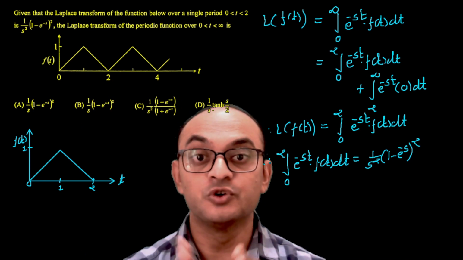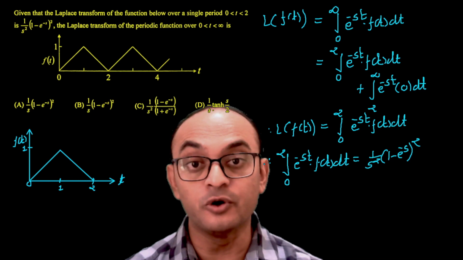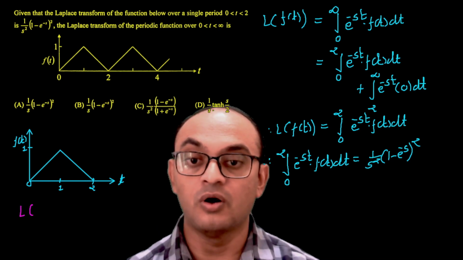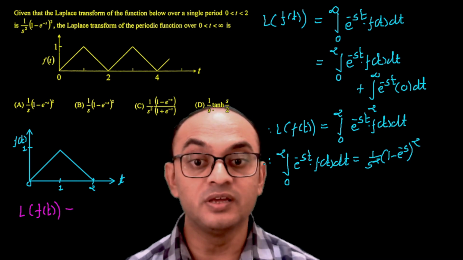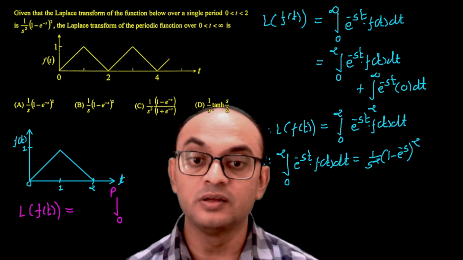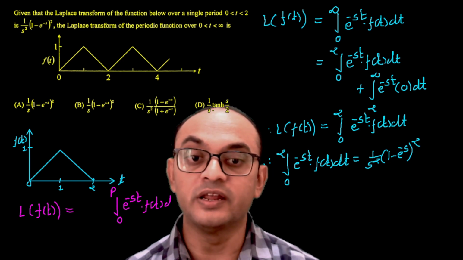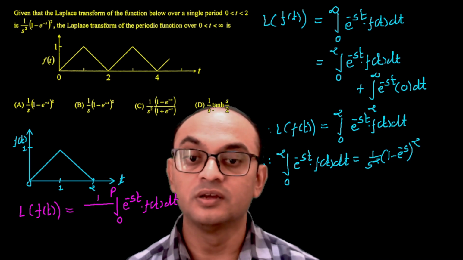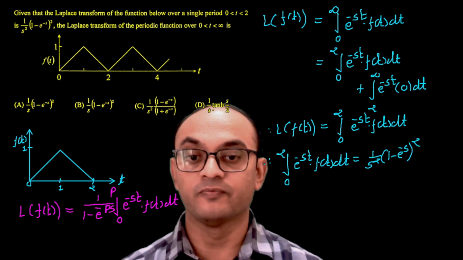So the first question is, do you know what is the Laplace transformation of a periodic function of period p? The Laplace transformation of the function f(t) which is of period p is equal to 1/(1 − e^(−ps)) times the integral over 0 to p of e^(−st) f(t) dt.